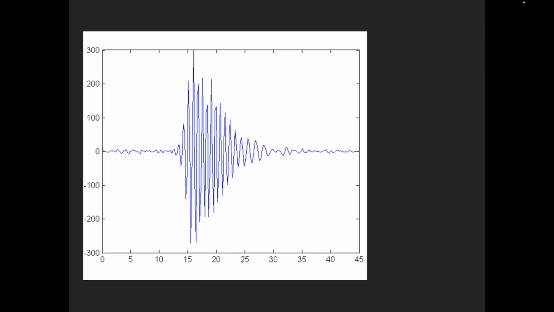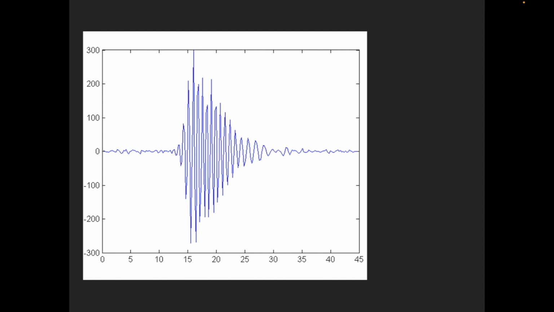Here we can see a typical microembolic signal in the time domain, starting at around 12 and ending at around 30. We can see a typical crescendo and decrescendo, and also a change in wavelength corresponding with a changing velocity during its time course.